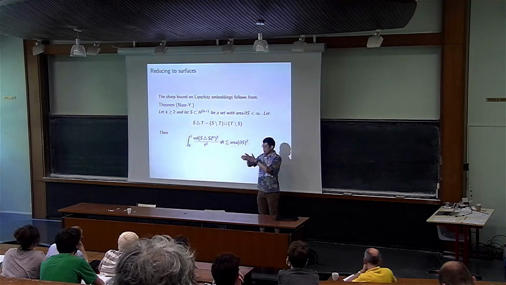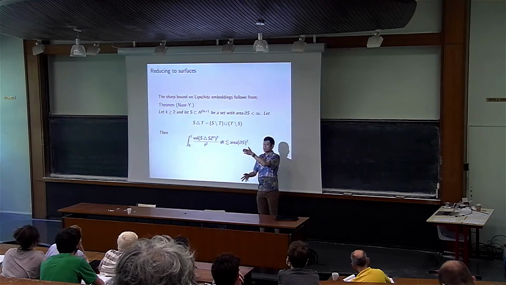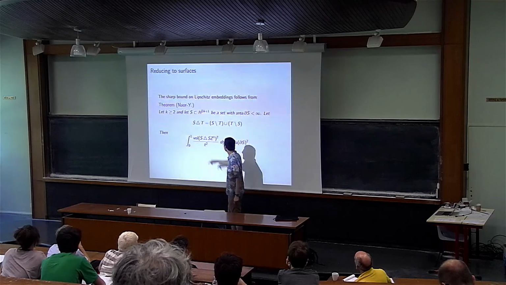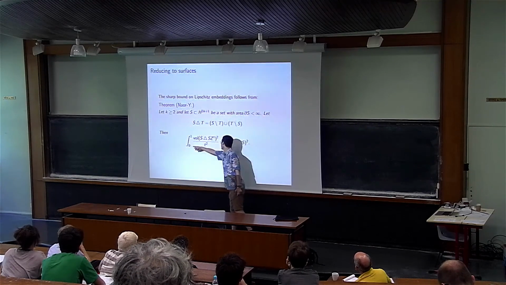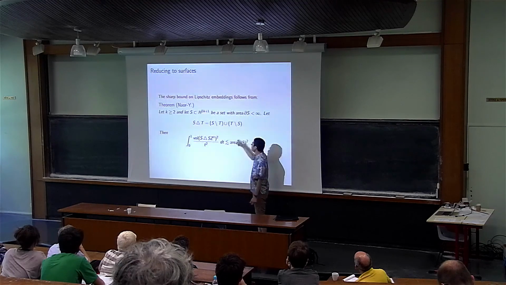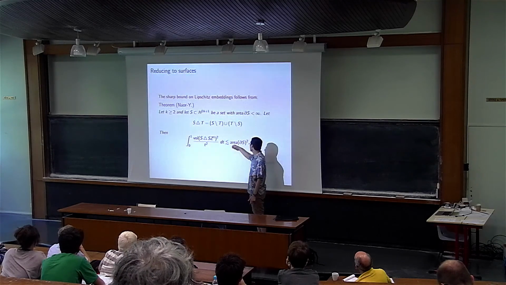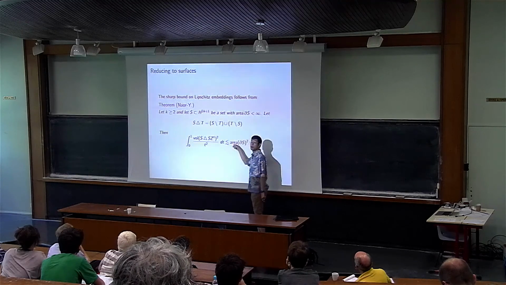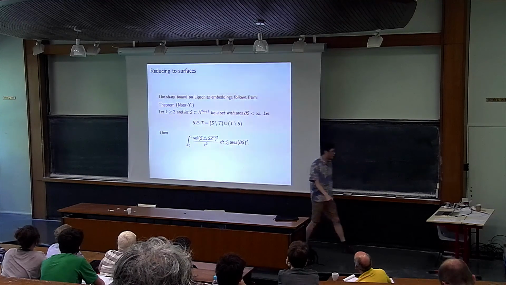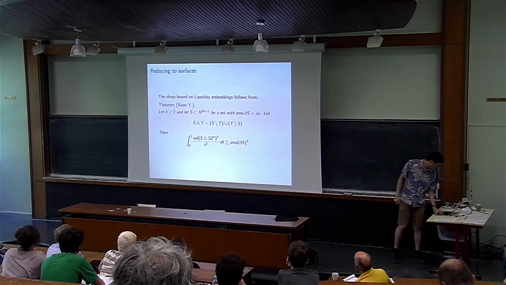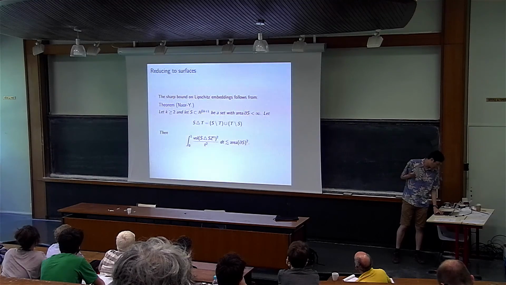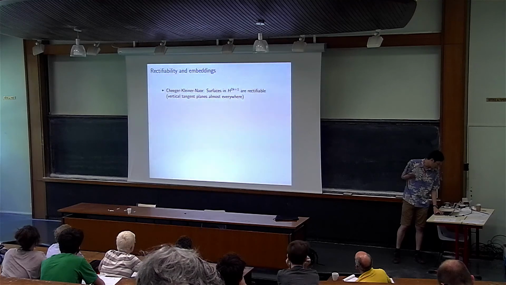And if S is not vertical, if we start adding bumps to the boundary of S, if we start perturbing the boundary of S, then this ratio is going to increase, so this integral is going to increase. But what this theorem says is that if we start adding irregularity to the boundary of S, it's also going to increase the boundary of S. Like I said, we're following a similar outline to what Cheeger, Kleiner, and Naor did.